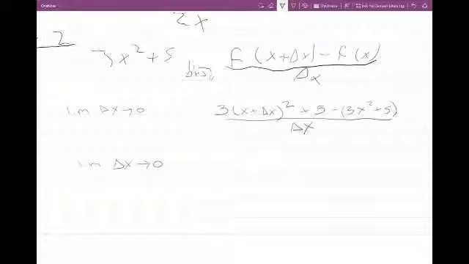Now you're going to FOIL out x plus delta x.